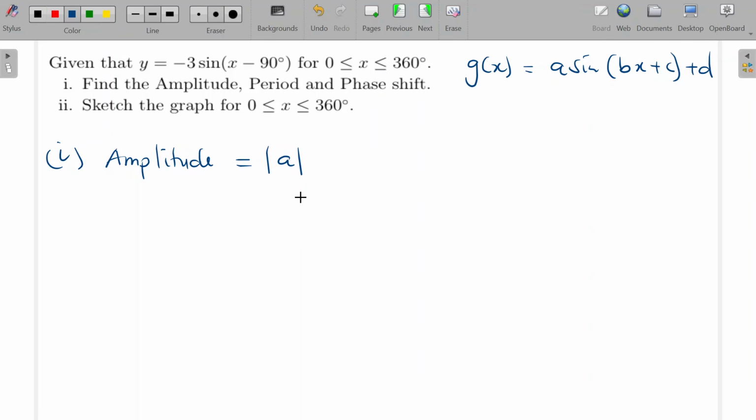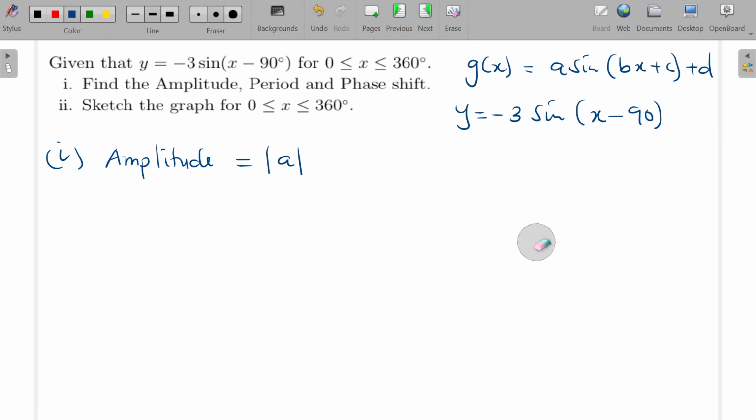So now, this is how you get your A. You're going to realize that A is just the coefficient found in front of the trig function. In this case, we have y equals negative 3 sine x minus 90. So what is our d? Our d is 0 because it is not there.